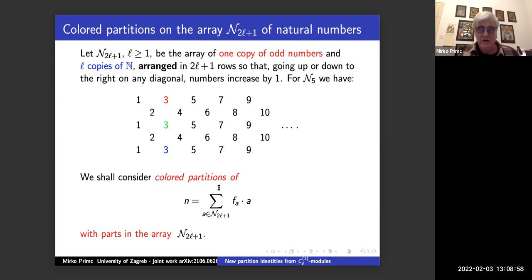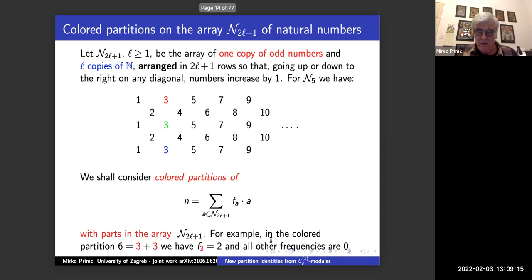So the partition is determined by its array of frequencies, because for each point we should have a frequency. Of course, all but finitely many of these frequencies are 0. For example, in the colored partition 6 equals 3 plus 3, both red, the frequency of red 3 is 2, and all other frequencies are 0.